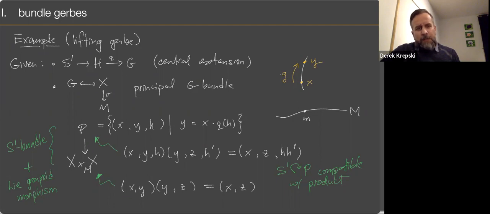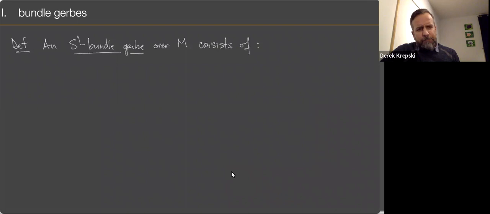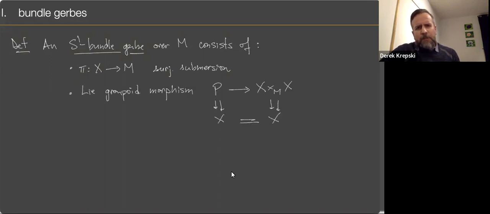So let's now give the definition. An S1 bundle gerbe over a manifold consists of, so now we're going to start with just a surjective submersion over our manifold. So no need to be a principal G bundle anymore. And with our surjective submersion, we'll also have some Lie groupoid morphism as shown here. Okay, so this groupoid morphism P that sits, say, over the fiber product space.